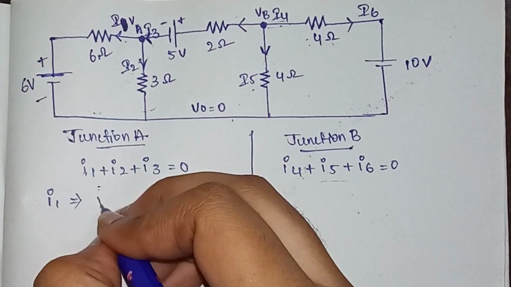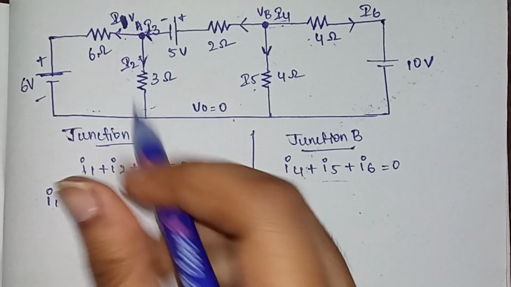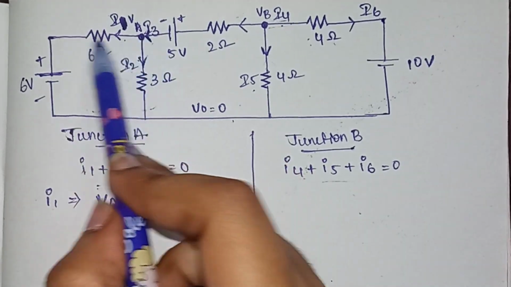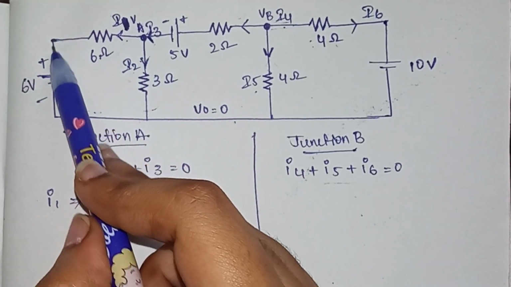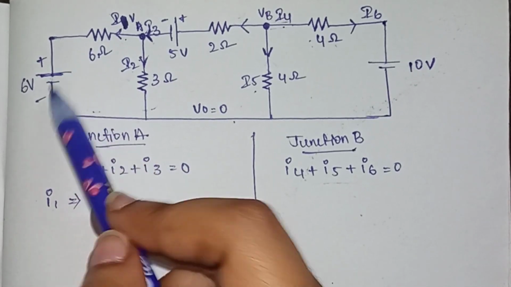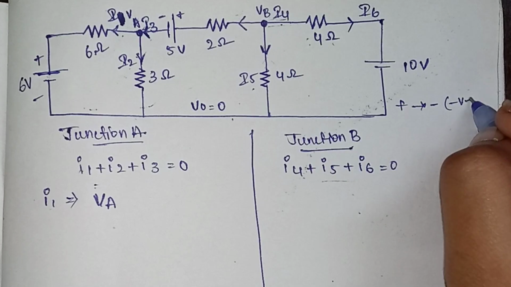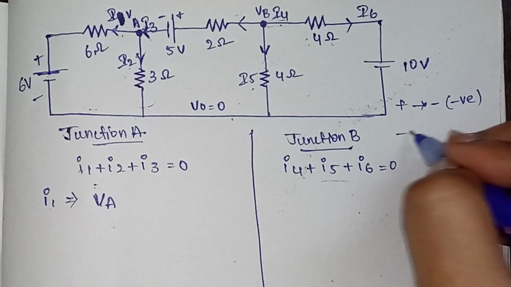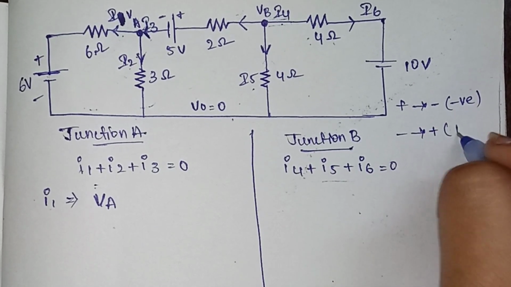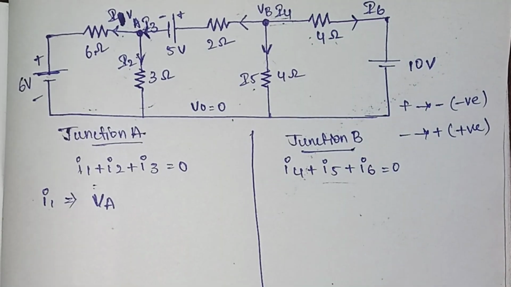If our current is flowing from positive to negative, then we need to consider it as negative. If it is flowing from negative to positive, then we need to consider it as positive.